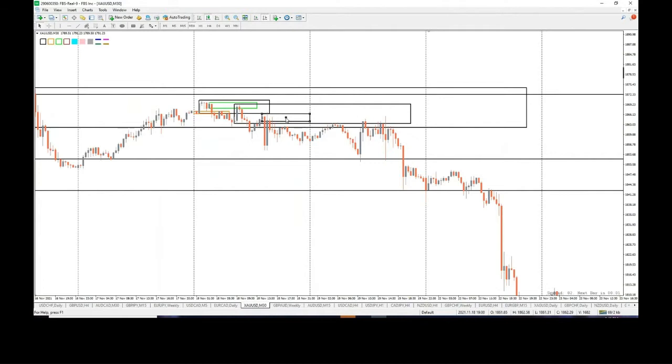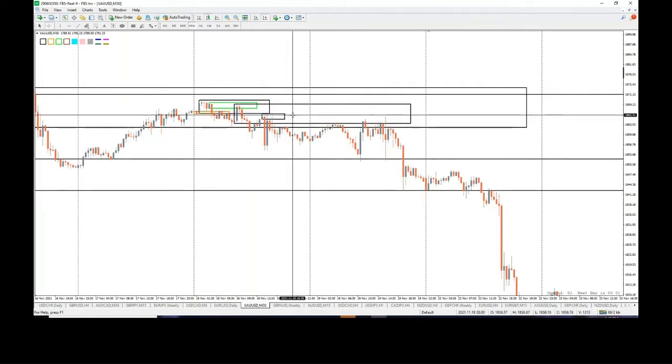You drop to it, and you have your entry zone right there, with a 25 pips stop loss. If the price does not break this zone, you don't cut the position. You want it to close above that zone before you cut loss.